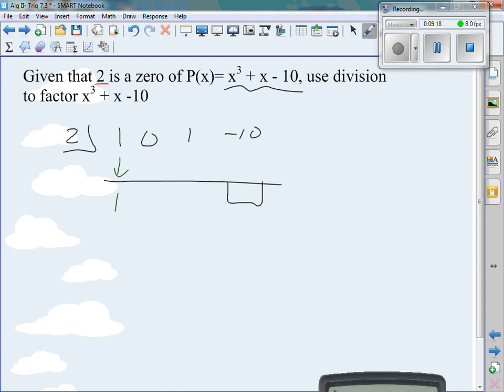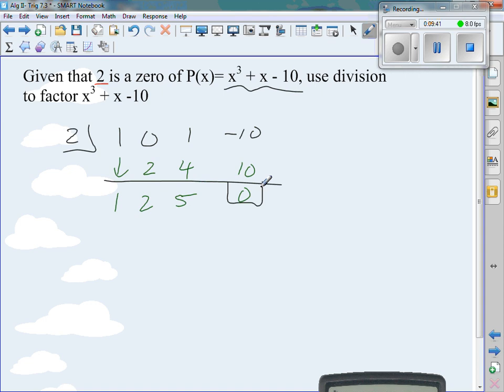Bring down the 1. 1 times 2 is 2. 0 plus 2 is 2. 2 times 2 is 4. 1 plus 4 is 5. 2 times 5 is 10, and negative 10 plus 10 is 0. It tells me it is a factor, which I already know because it's a 0.